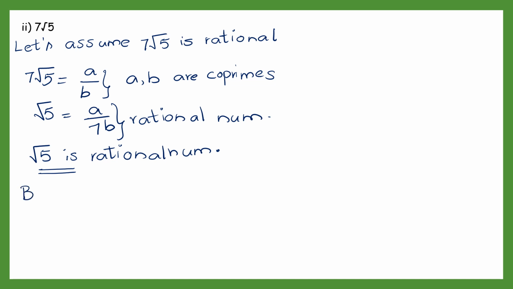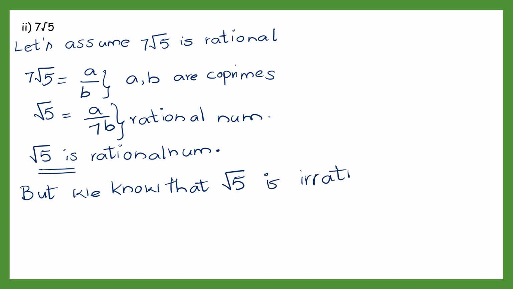But we already know that root 5 is an irrational number. This is the fact. Root 2, root 3, root 5, root 7, root 11, all these are irrational numbers. So, this statement 1 and statement 2 are contrary. It is contradictory.